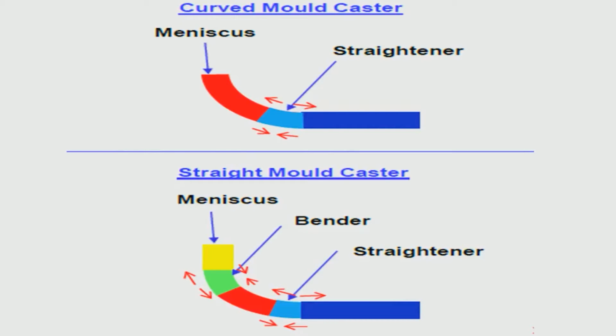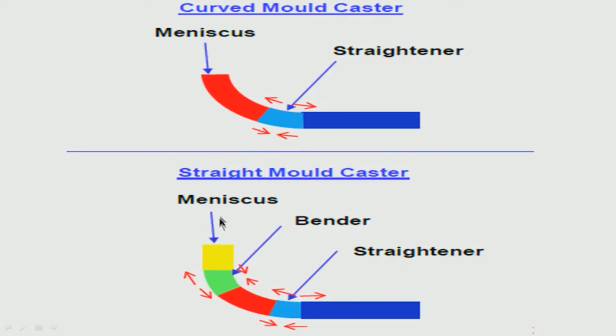Now, this will be very interesting. Look at the two molds. A continuous casting mold can be of two types. The normal type is the straight mold, that means a vertical mold. The strand comes down, and then it has to be bent, and finally it has to be straightened to make it horizontal.